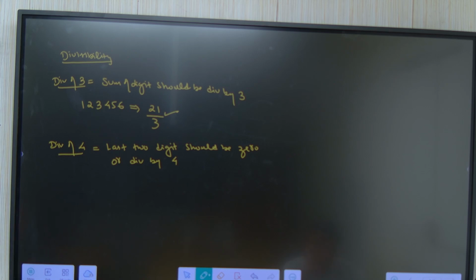Just look at the last two digits. If the last two digits are 0, then also the number is divisible by 4. If the last two digits are any number divisible by 4, the number is again divisible by 4. Not add. 27 will be divisible by 3. In 3 you add. In 4 it is different. If you have, let's say, the number 213252, just look at the last two digits.